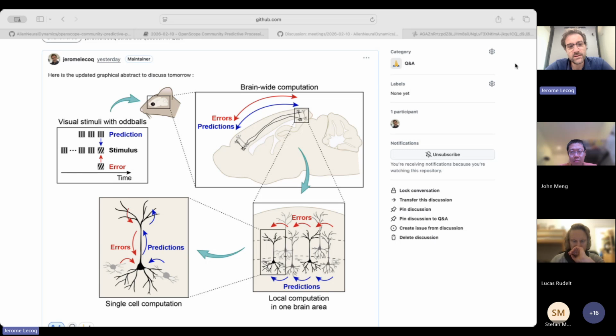Is the box inside the stimulus clear to everyone? Because we had some internal discussion last week at the Allen, and some people were confused, so we made some edits. Is that figure with prediction stimulus error really clear? No concern?